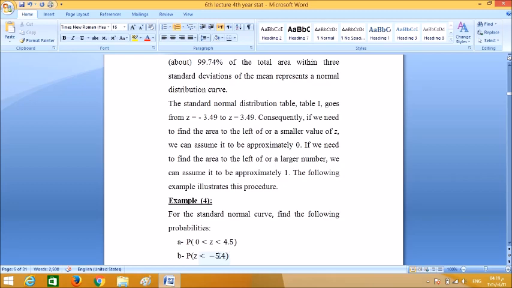So the area under the distribution to the left of this value equals 0, and here the area to the left of 4.5 equals 1, and the area between 0 and 4.5 equals 1/2, equal 0.5.